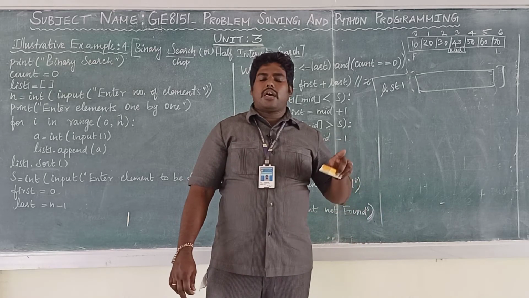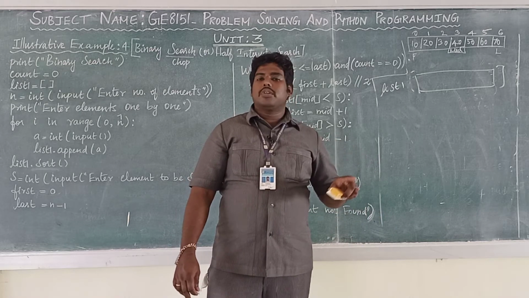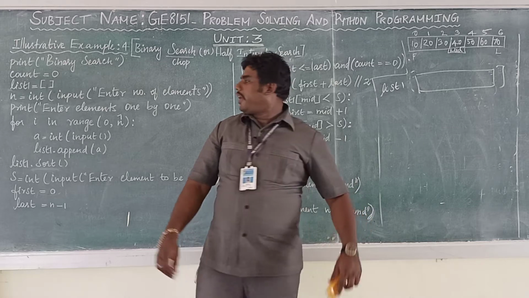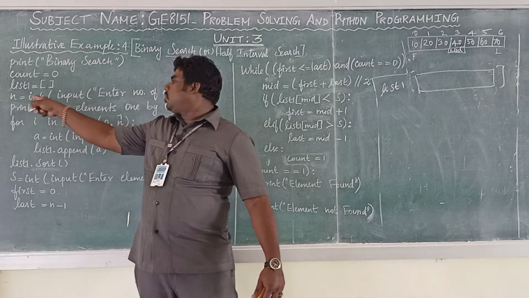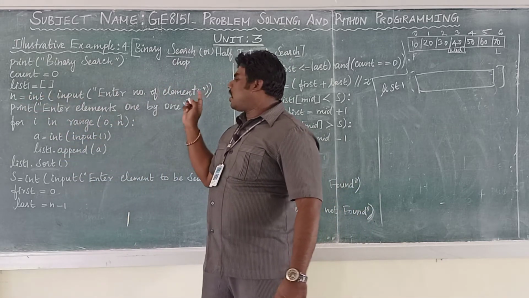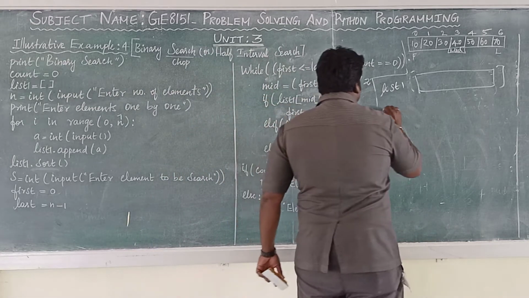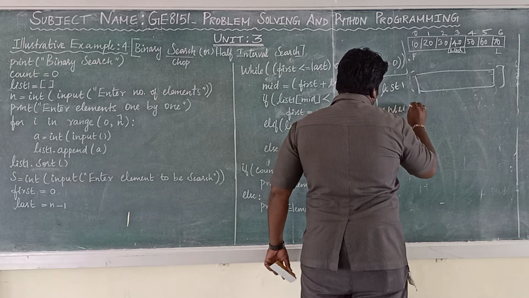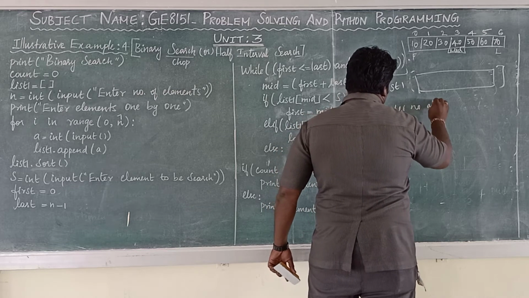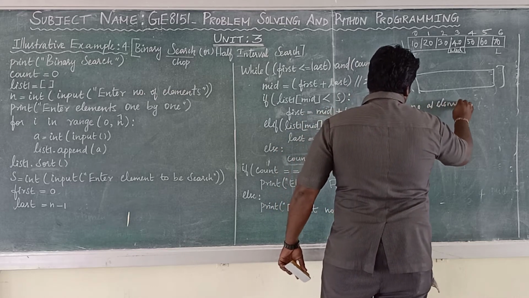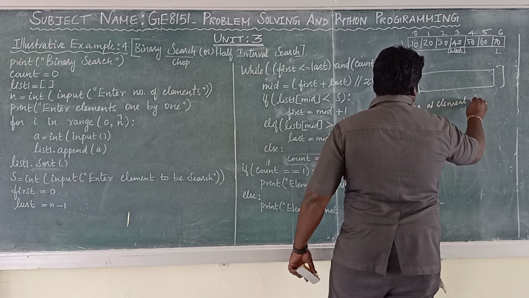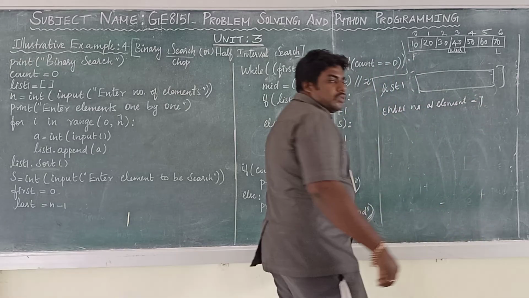For how many elements I want to get as input, for that only this n equal to int input of enter the number of elements. So in the output screen it will ask enter number of elements. For my example I am giving 7.